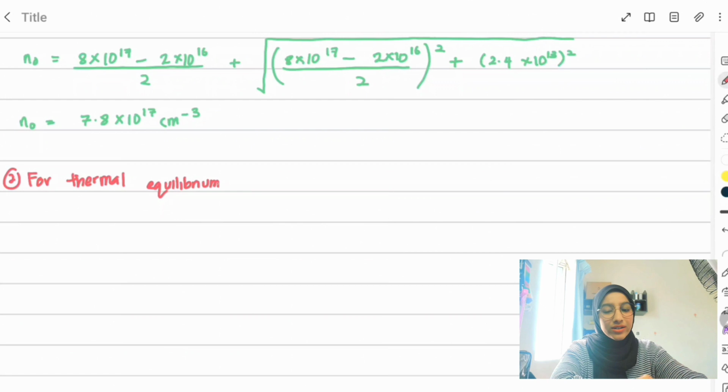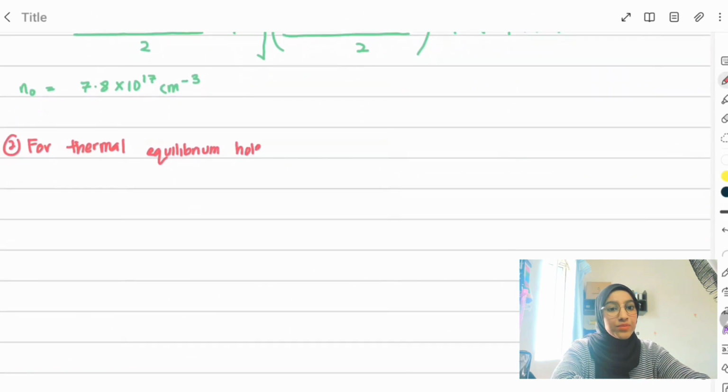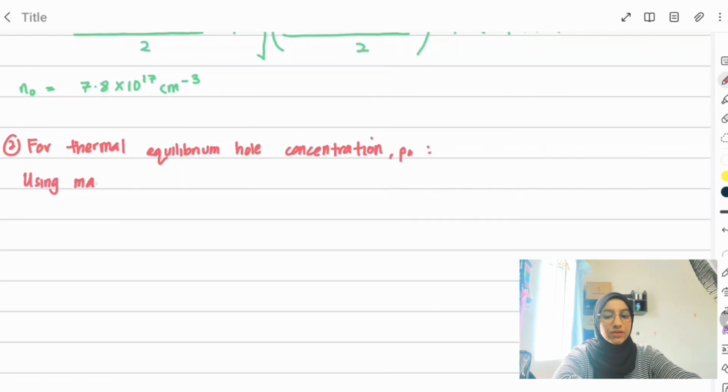Okay, for the second one, I'll be searching for the thermal equilibrium hole concentration, P0, for germanium. For this one, we'll be using the mass action law, which is N0 P0 equals Ni squared. So P0 equals Ni squared over N0, which is hole concentration equals intrinsic carrier concentration squared over electron concentration.